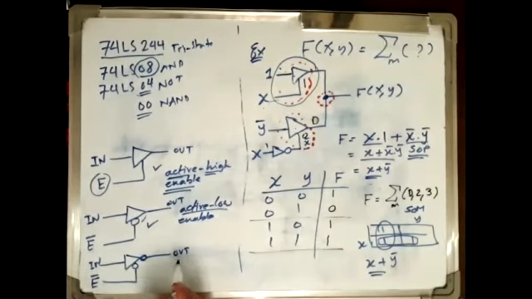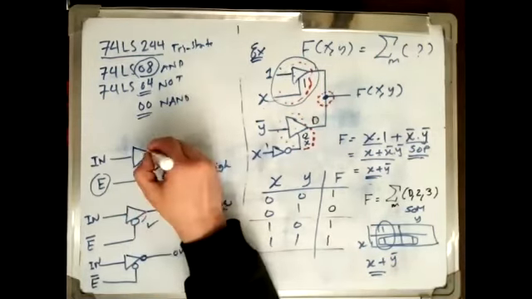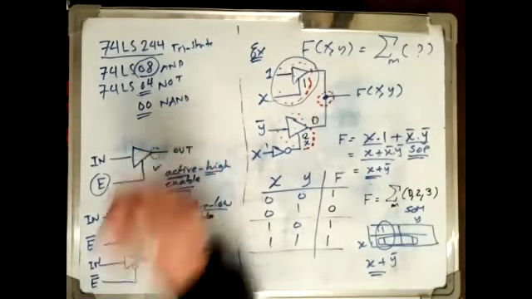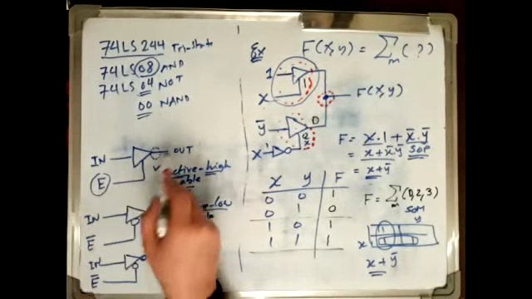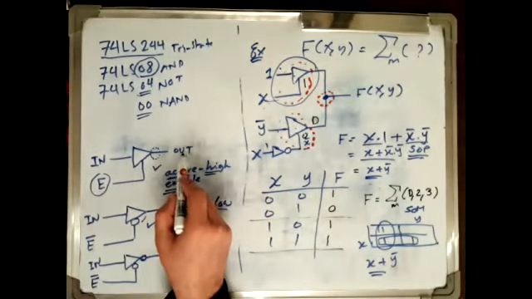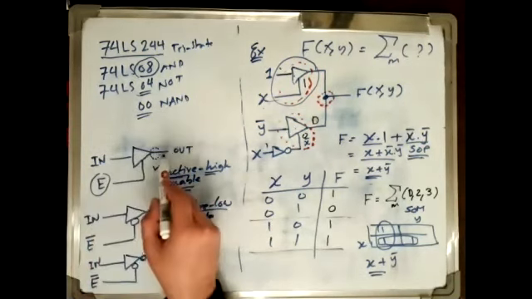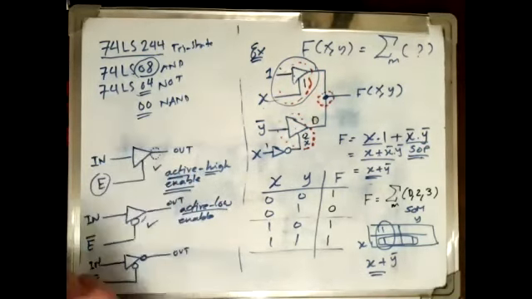When the buffer is enabled, the output is the complement of the input. So you can have different variations. For example, you may have something like this: an active high enable with complemented output. The output is the complement of the input when the buffer is enabled.